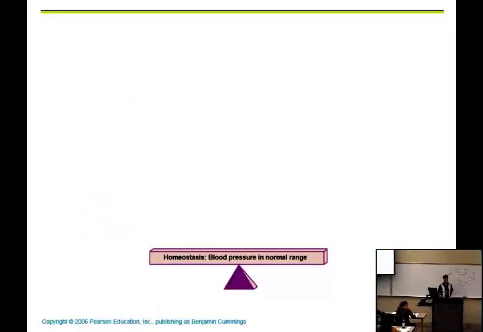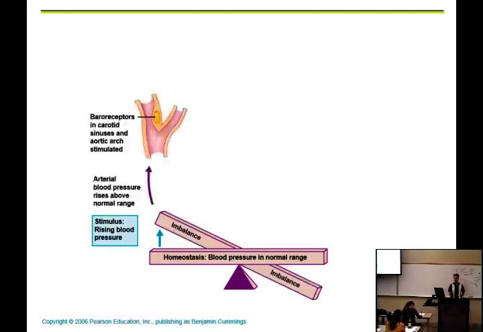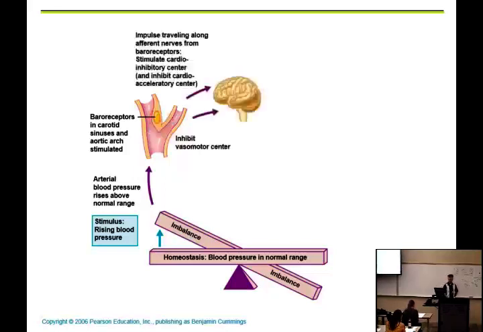So normally what's going on here is we're trying to maintain balance or homeostasis. And if something upsets that, like the blood pressure goes up, like we were talking about, oh, an exam next week or something like that, then what happens is we're going to have these receptors which tell the brain that pressure has just gone up.